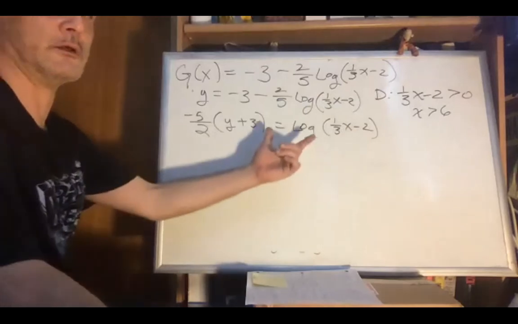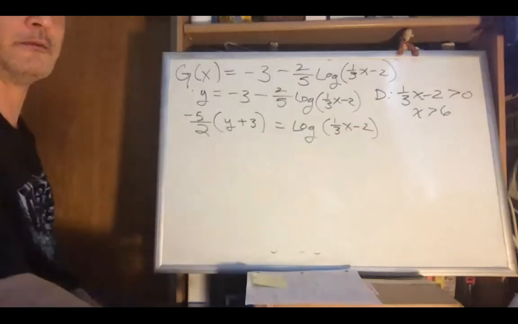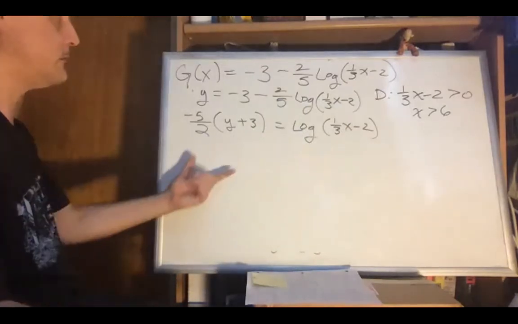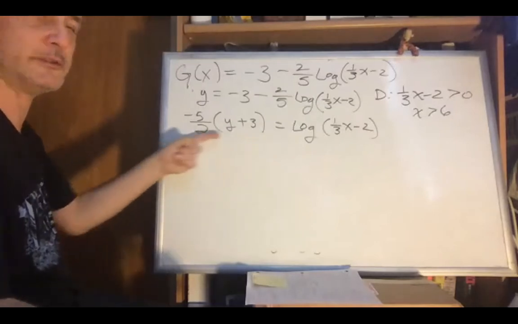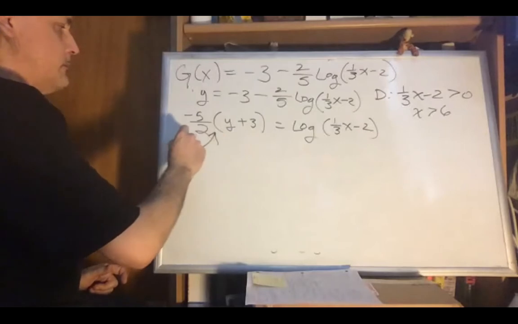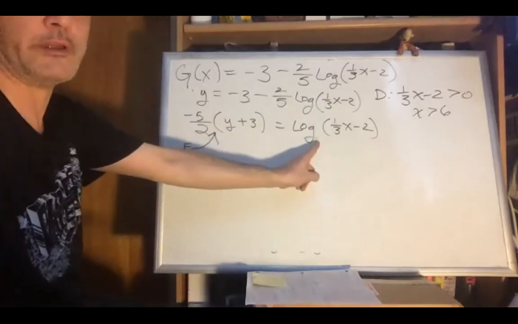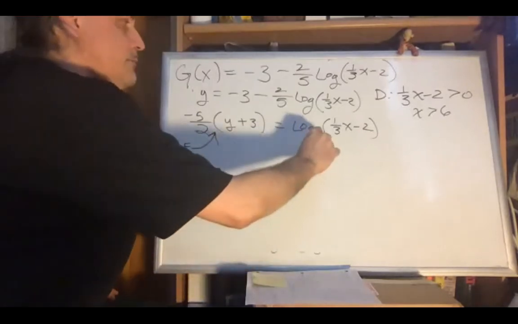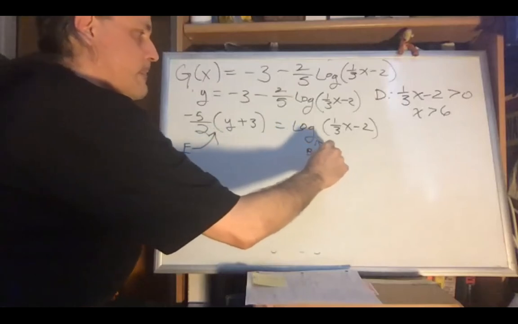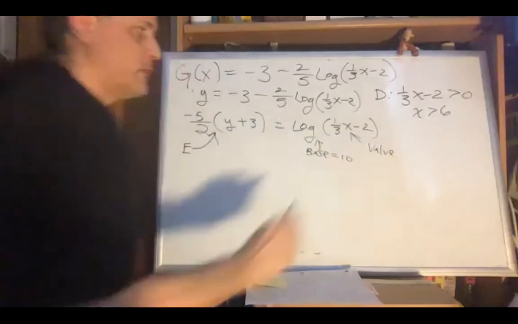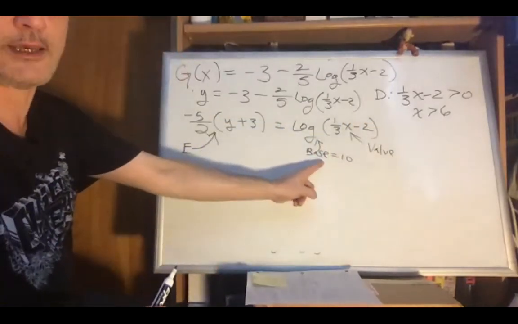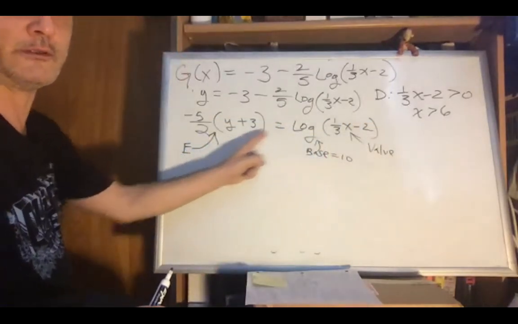Okay, so now we got the log expression equal to something. All right, so the log equals whatever the exponent is. So this is the exponent we're going to use. And there's no number written by the g, so the understood base is 10. And then the value is the expression that we're logging. So we got 10 to the exponent equal the value.